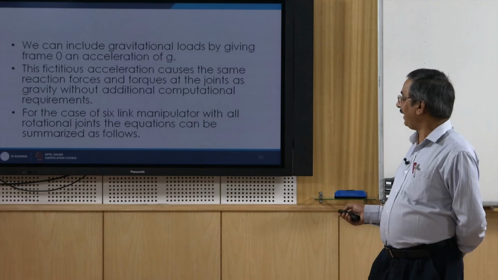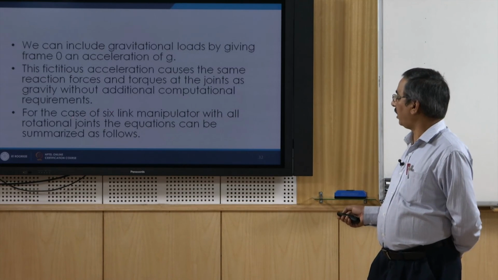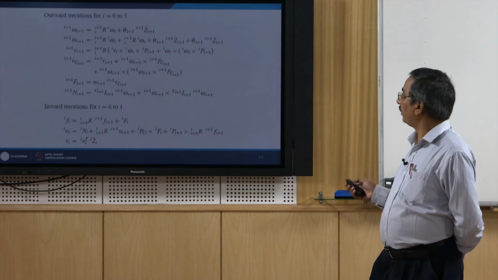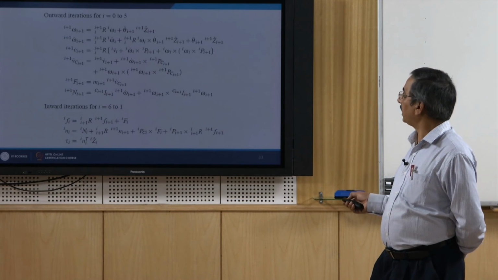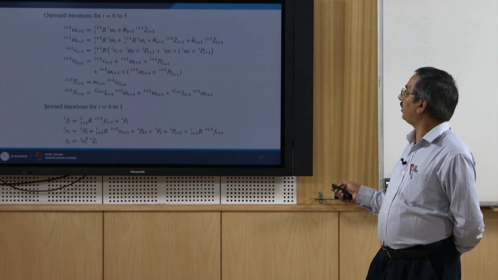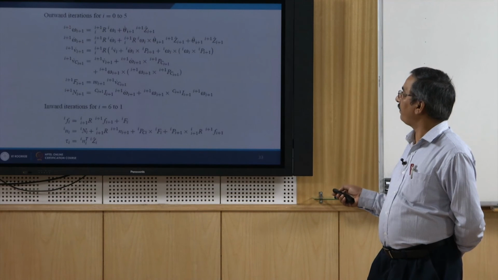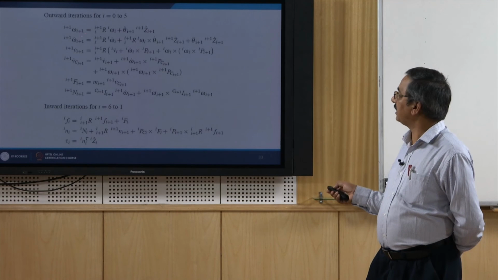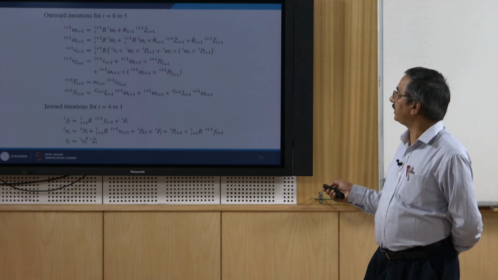Now, for the case of a 6 link manipulator with all rotational joints, the equations can be summarized as follows. These are the set of equations which we call the outward iteration for i equal to 0 to 5. Basically, here we find the angular velocity of the i plus 1th link expressed in the i plus 1th frame.